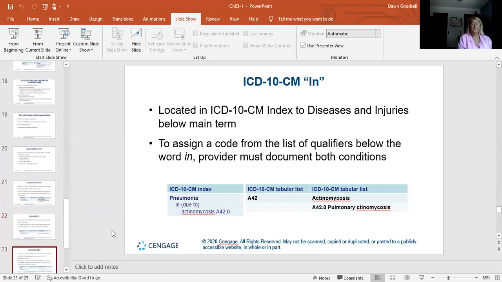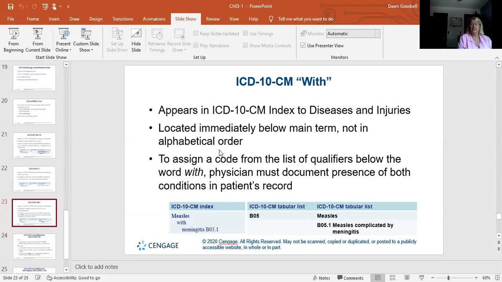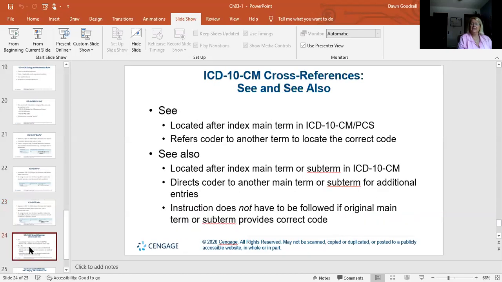Okay. Next is "with." Measles with meningitis. That means that they have two things together. We can code them together and it's one code. You go to the tab section and you see measles, and then you do B05.1, measles complicated by meningitis.